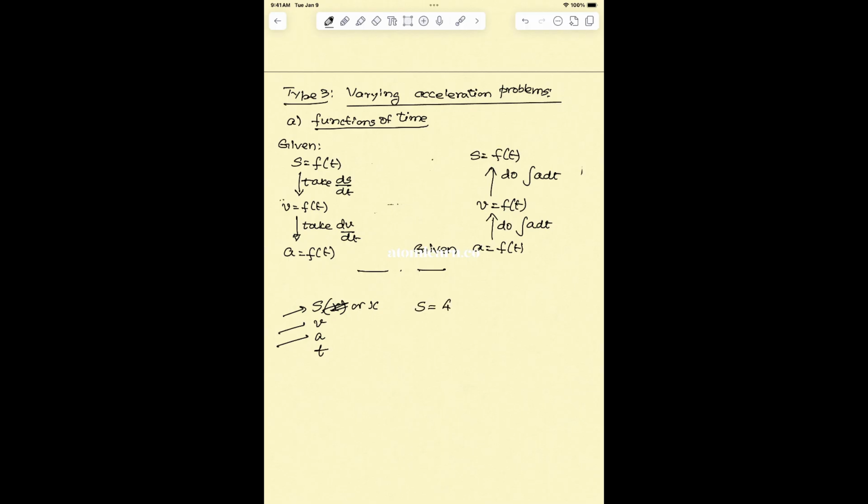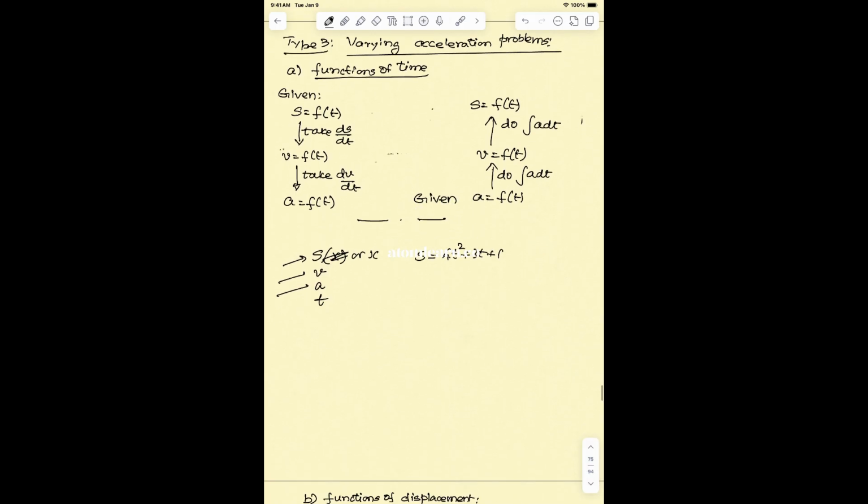Then the question asked is, what is the velocity at t equal to 4? And then what is the acceleration at t equal to 5? These two questions I'm just asking.